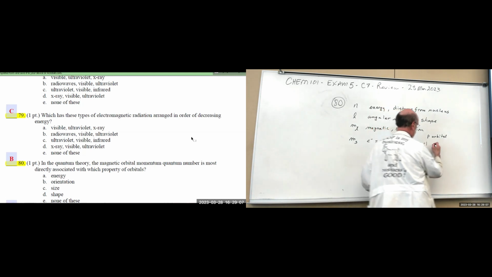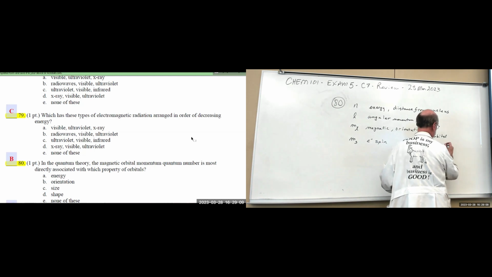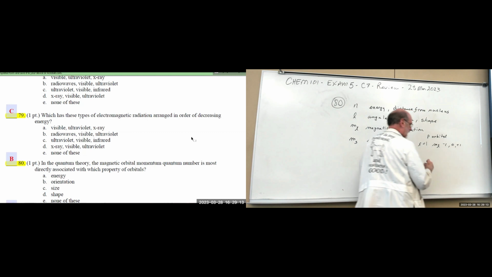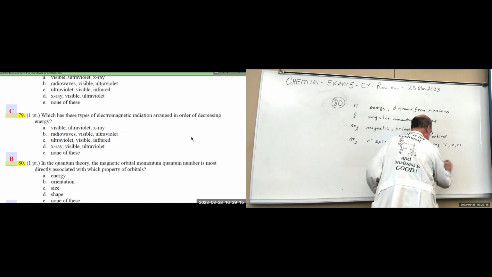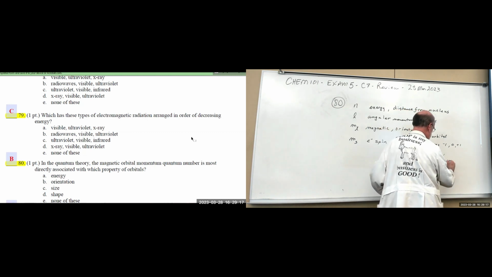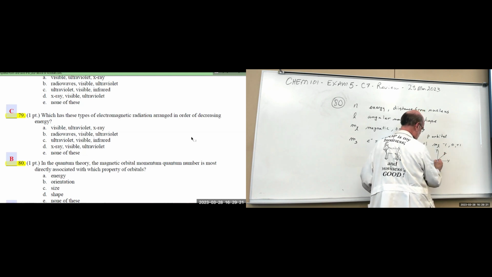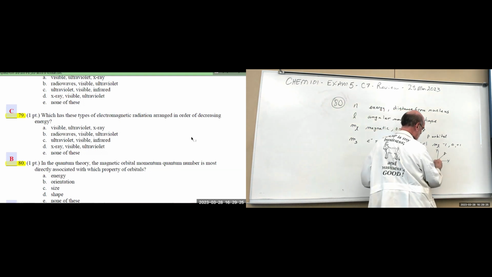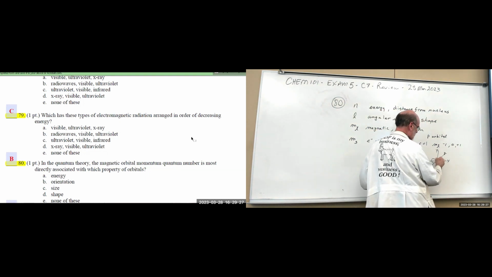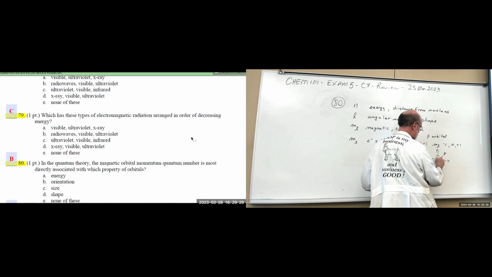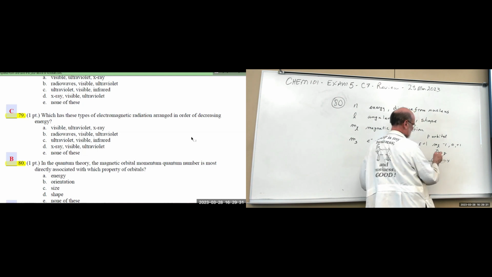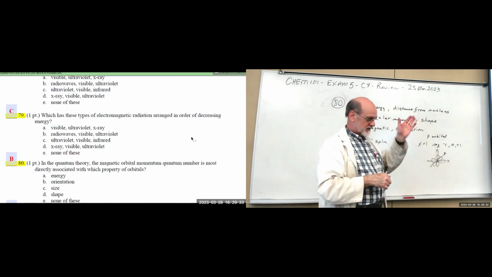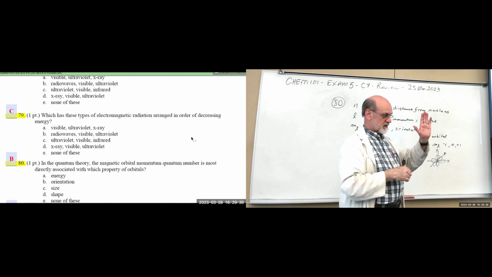If l equals 1, then m sub l can either be -1, 0, or +1. And I look at those as orientation in space, 3 dimensions. There's x, there's y, and there's z. Their shape is a dumbbell. So it can be like this on the x-axis, this on the y-axis, or this on the z-axis. It can be this way, or this way.